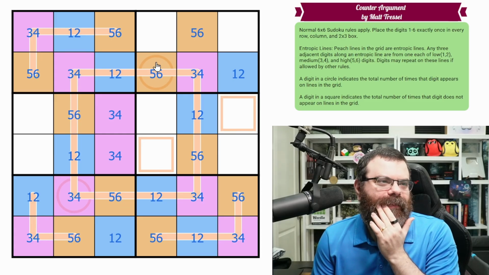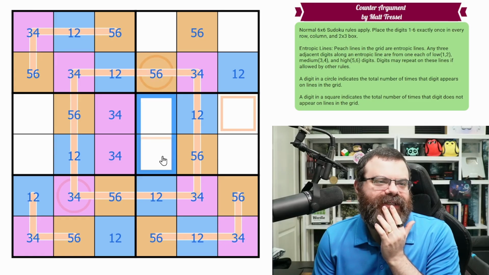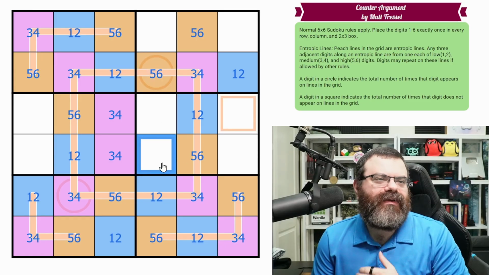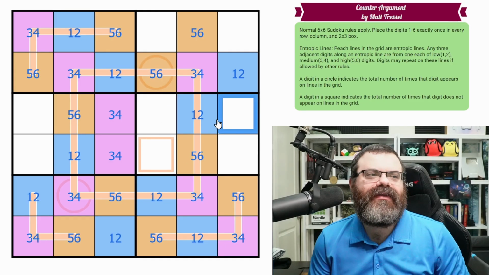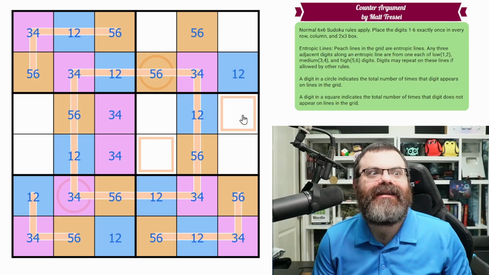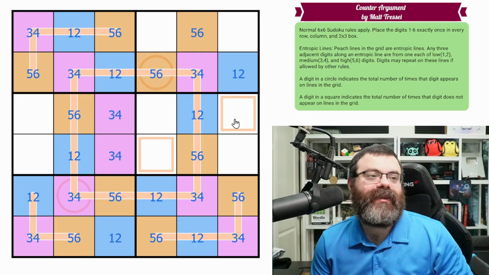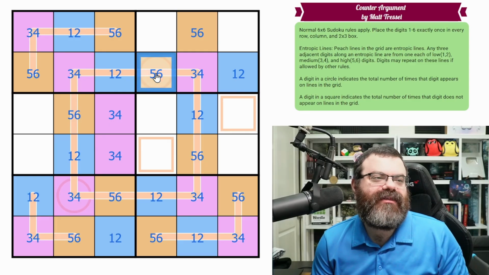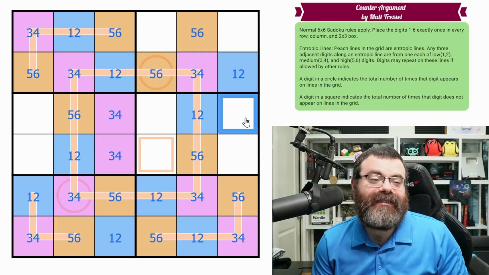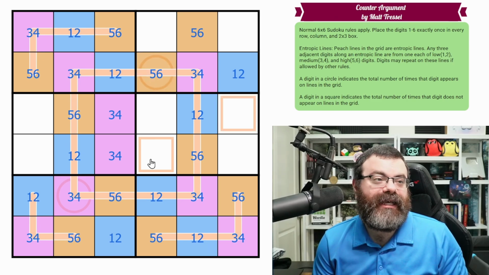So we know whatever this orange digit is does not also go on a, okay, so the only digit that could go in a circle and in a square is the 3. Let me start with that. Because that would say that 3 are on lines and 3 are off lines, and that adds to 6, and that's perfect. But any other digit cannot be both in circles and in squares. And so whatever this digit is does not repeat in squares.